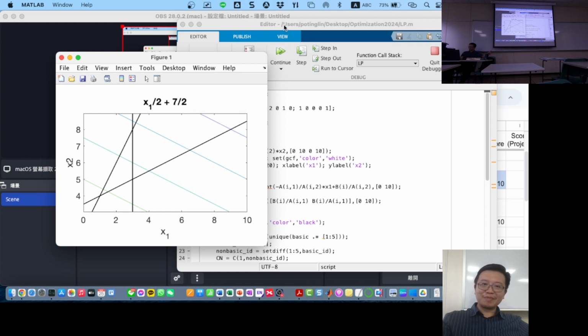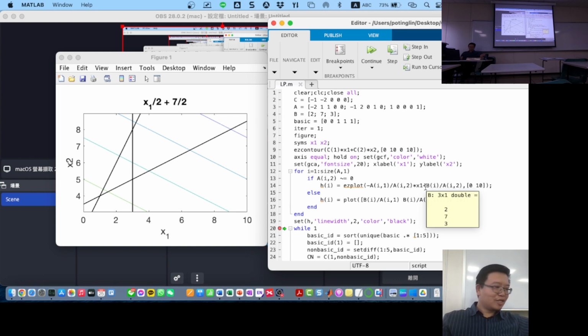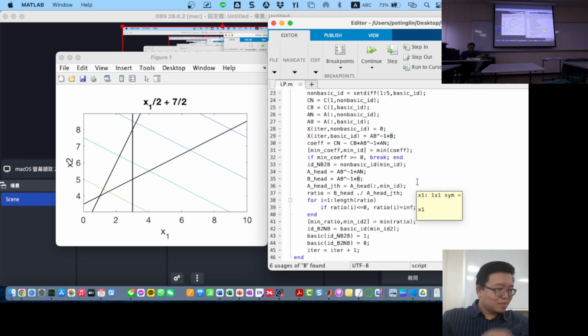Something is wrong. Did I draw this properly? It shouldn't be like this. What was the problem?